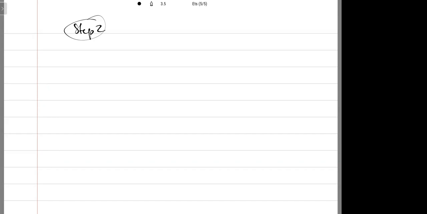Okay, so all the ETS equations are there.